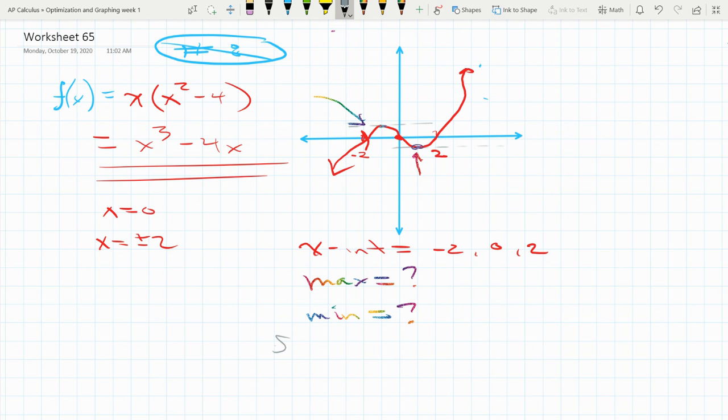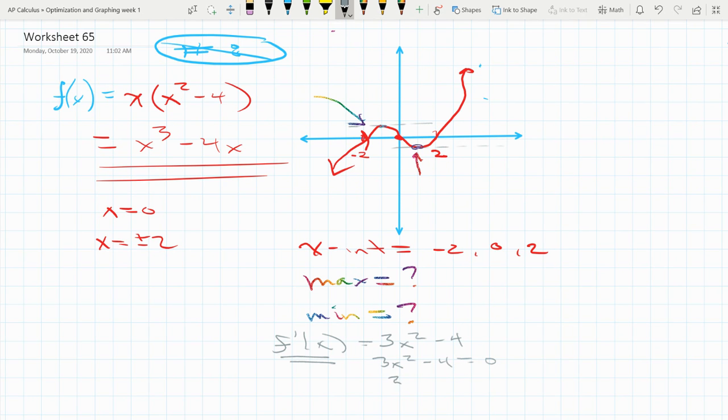So you can take f prime of x, and we can go, oh, okay, well, that's going to be 3x squared minus 4, right? And I know that this at a maximum and minimum is equal to 0. So then I could say, well, 3x squared minus 4 equals 0.